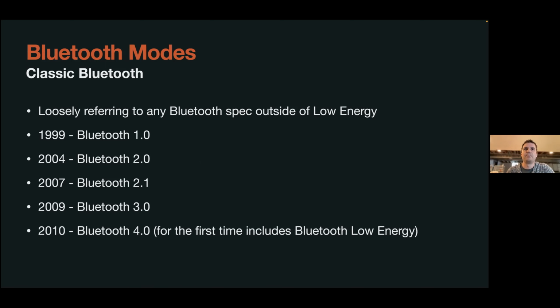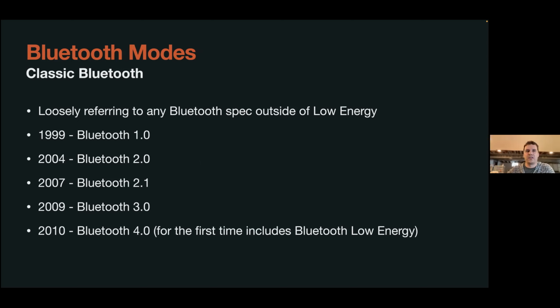The first thing, if you don't know too much about Bluetooth, I think most people just think, hey, I've got a headset that connects to my phone or my car, something like that. Typically people are referring to classic Bluetooth, which, if you want to get even more detailed, is I think like 3 or 4 different specs that all clump into classic Bluetooth.